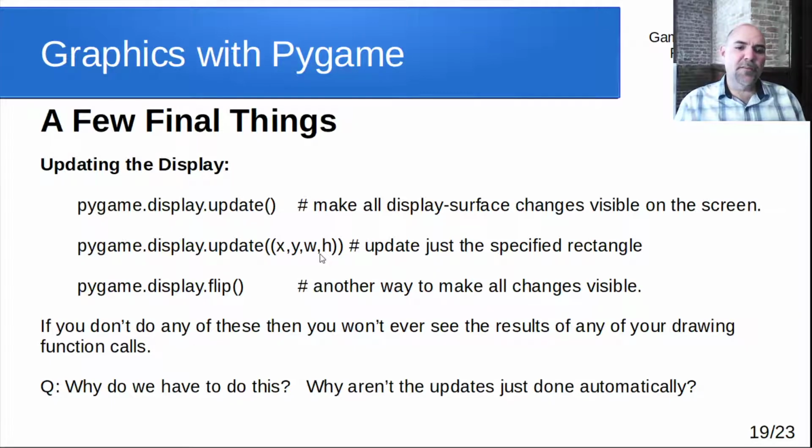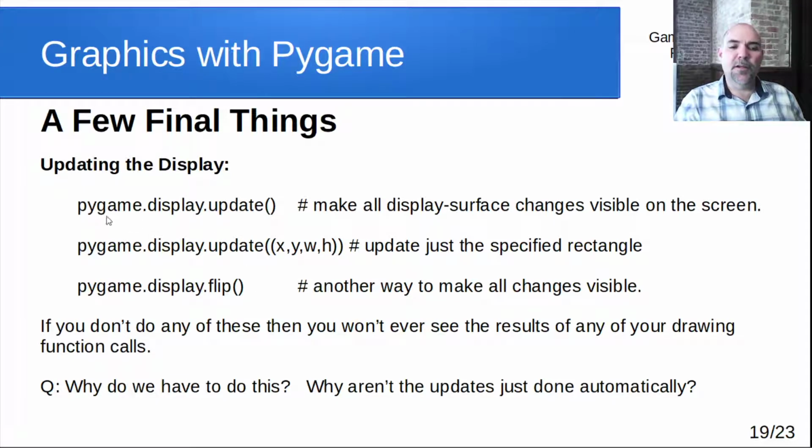Now, there's another way to do that as well. Pygame.display.flip does the same thing as pygame.display.update, so you can use one or the other. I usually use pygame.display.update, but just note if you're looking at sample code and you see flip, a lot of people would think flip is like flipping it upside down, but it's not. You can think of it like a flip book, where it says now flip to the next page of the book, or the next cell of the animation.